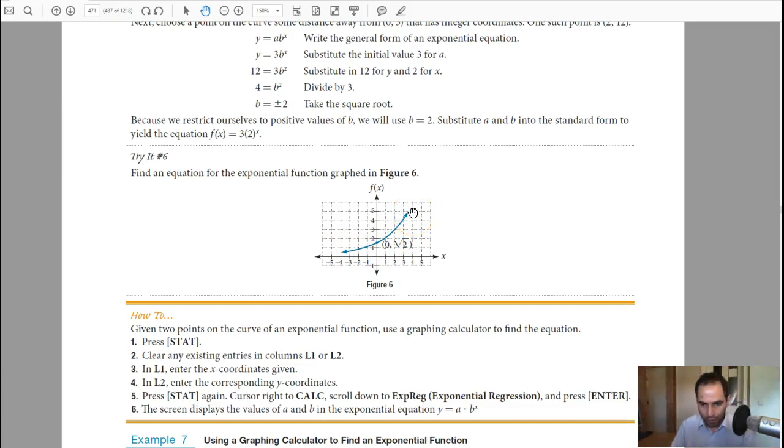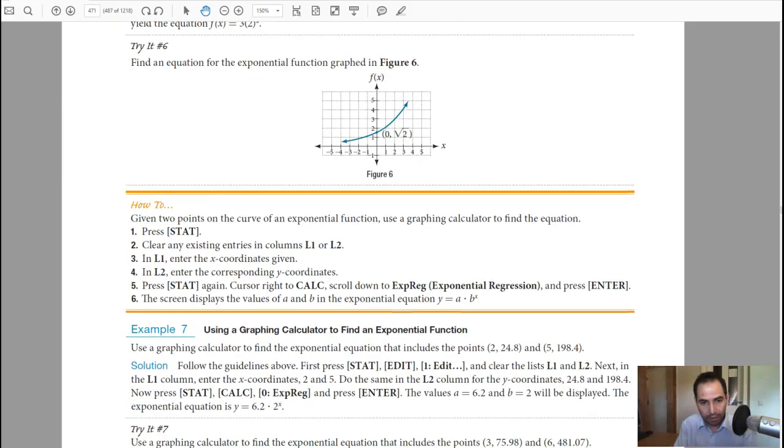The book also has parts on using a graphing calculator to find exponential functions, with stat edit and so on.